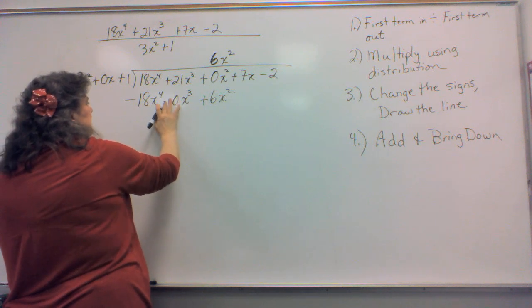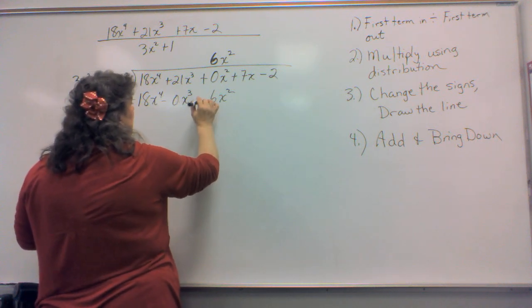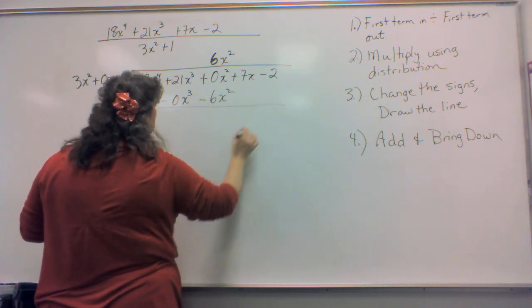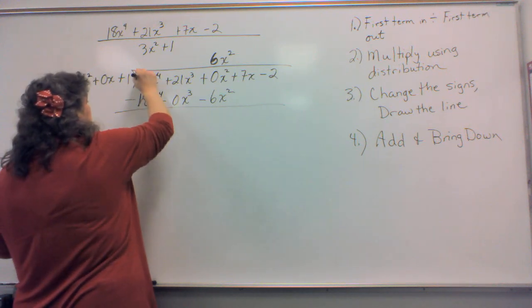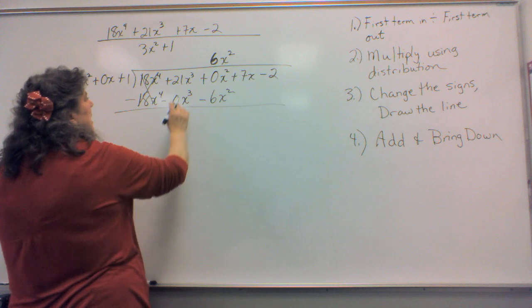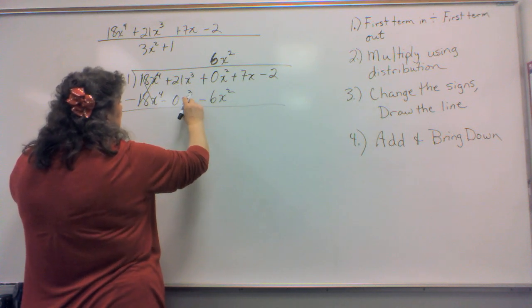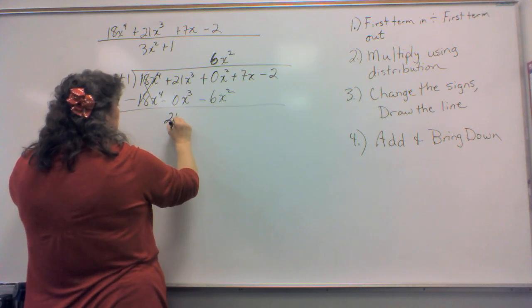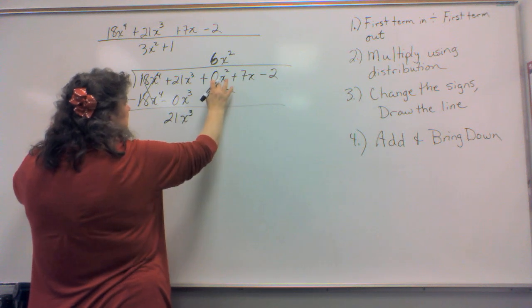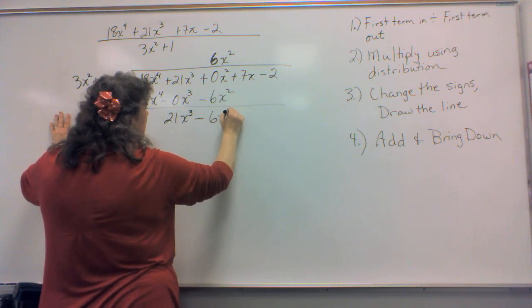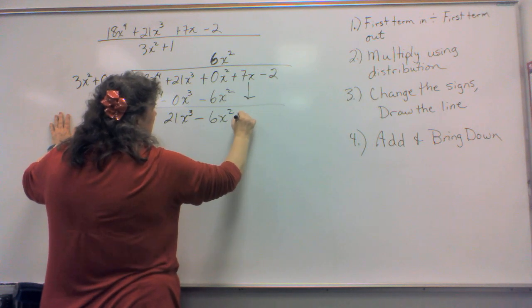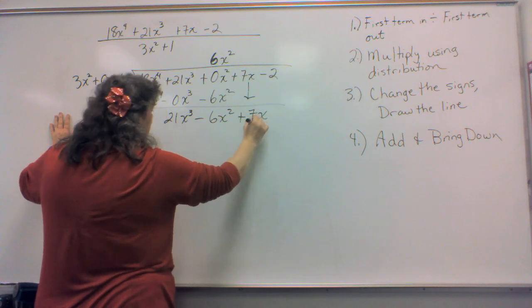Change the signs. Draw the line. Okay? Now, this one cancels. And 21x cubed minus 0 is 21x cubed. 0x squared minus 6x squared is minus 6x squared. Bring down my next term, plus 7x.